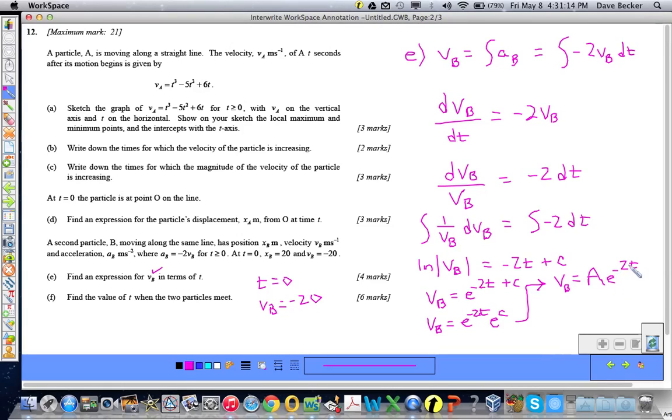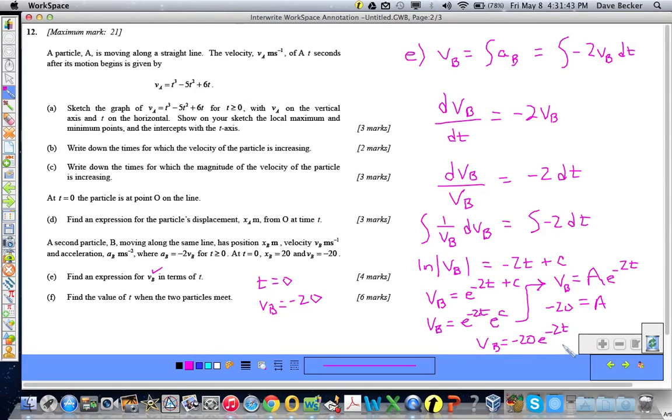Now we're getting somewhere, because I know that the velocity is negative 20 when t is equal to 0. Well, e to the 0 is equal to 1, so a is equal to negative 20. And so I finally have vb is equal to negative 20 e to the negative 2t.